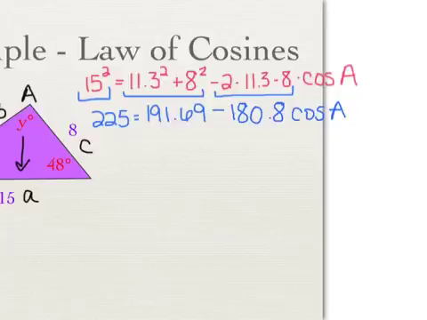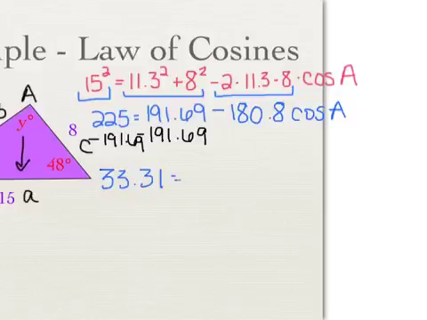Subtract 191. Okay, so let's subtract the 191.69. I get 33.31 equals negative, and right there, that negative sign was part of the original formula.